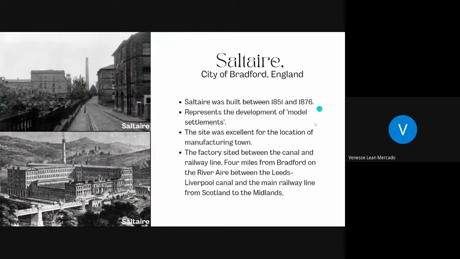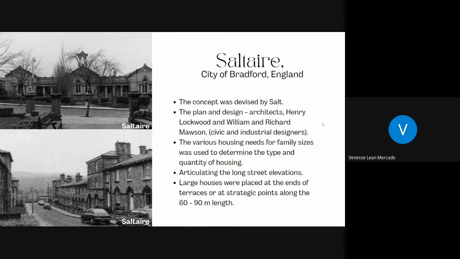Next slide, please. Saltaire was built between 1851 and 1876. It represents the culmination of the development of model settlements as a solution to the urban problems of the industrial age. Next slide, please. The concept was devised by Titus Salt.